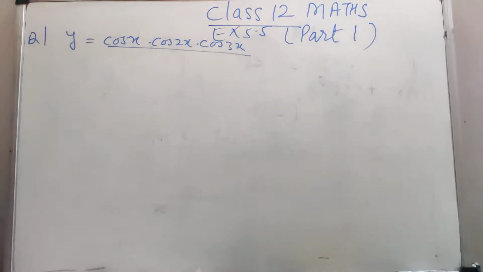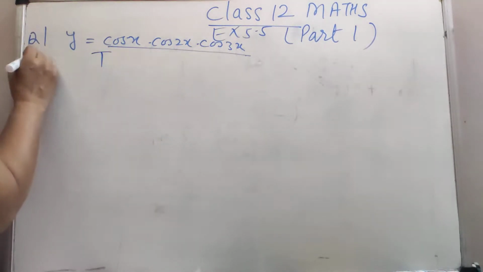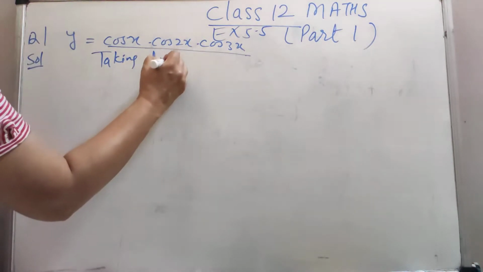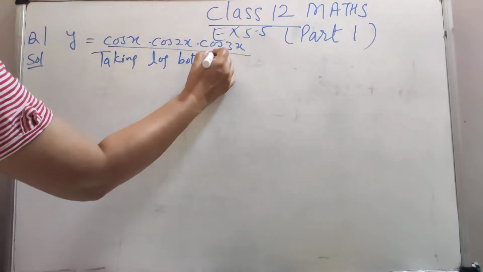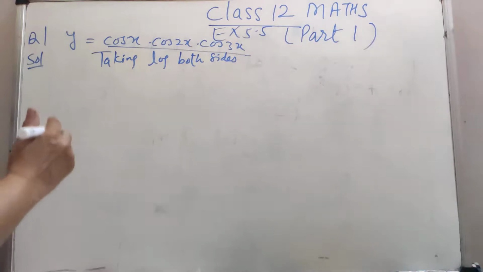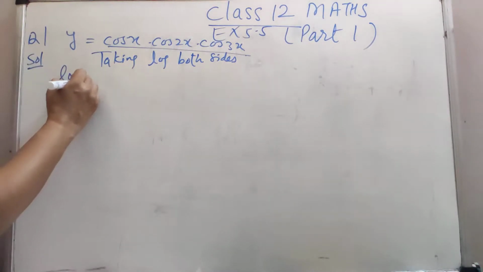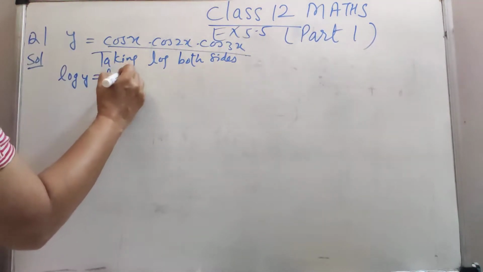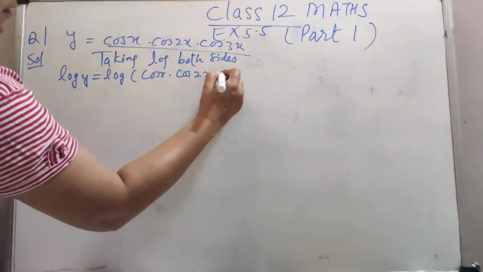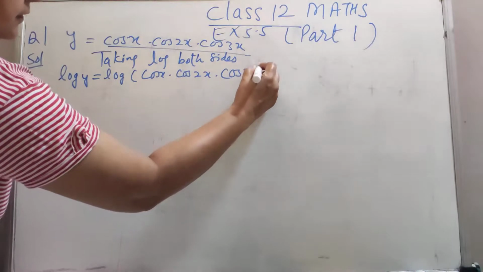So let us start. First step is taking log both sides. It will become very easy by using logarithm. So left hand side, log of y is equal to log of cos x into cos 2x into cos 3x.